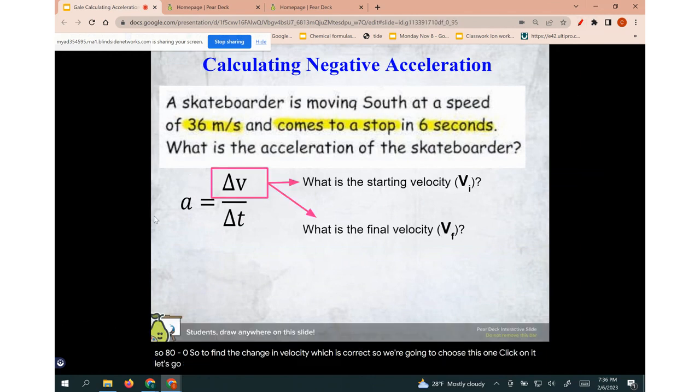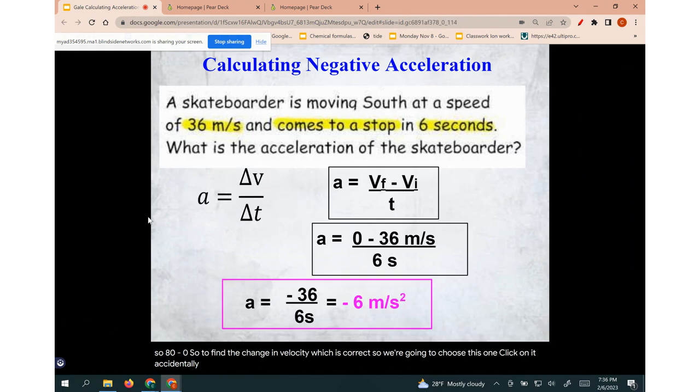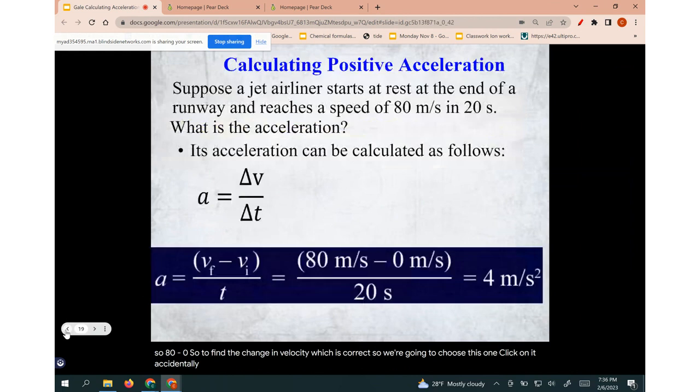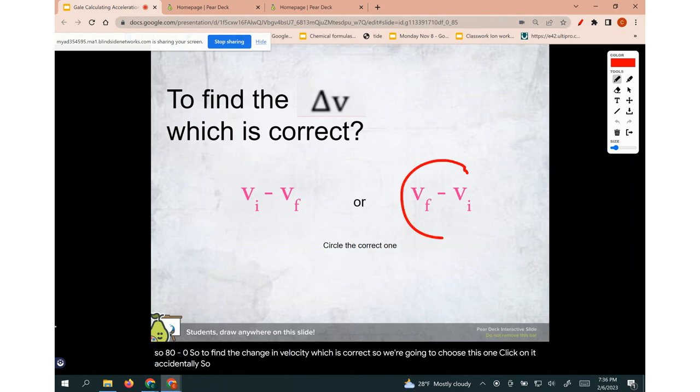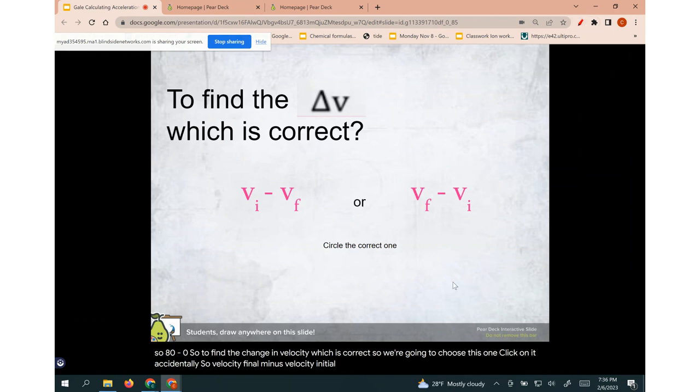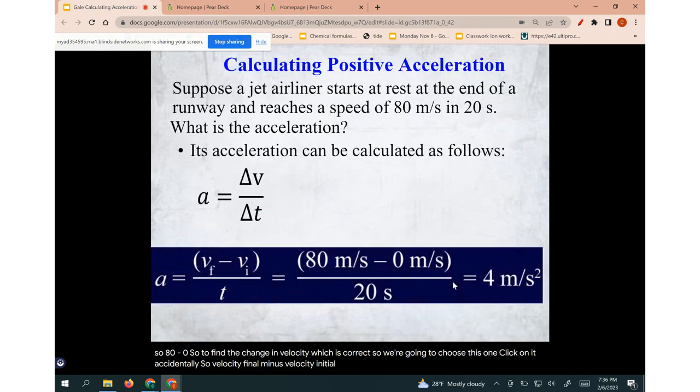Clicked on it accidentally. So velocity final minus velocity initial. All right, so we already calculated this.